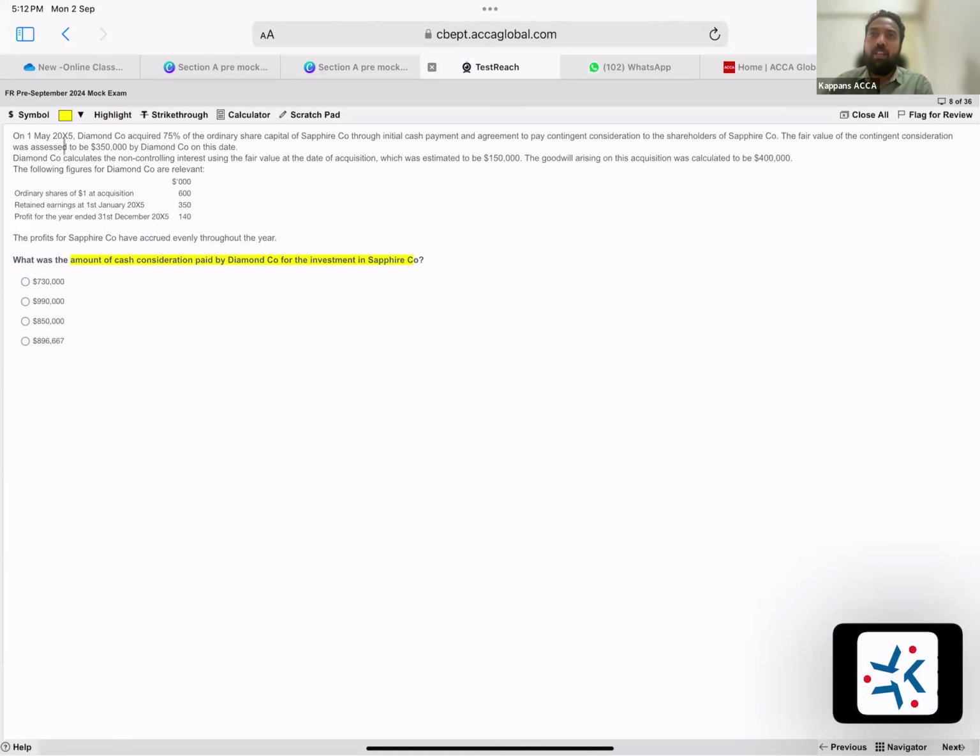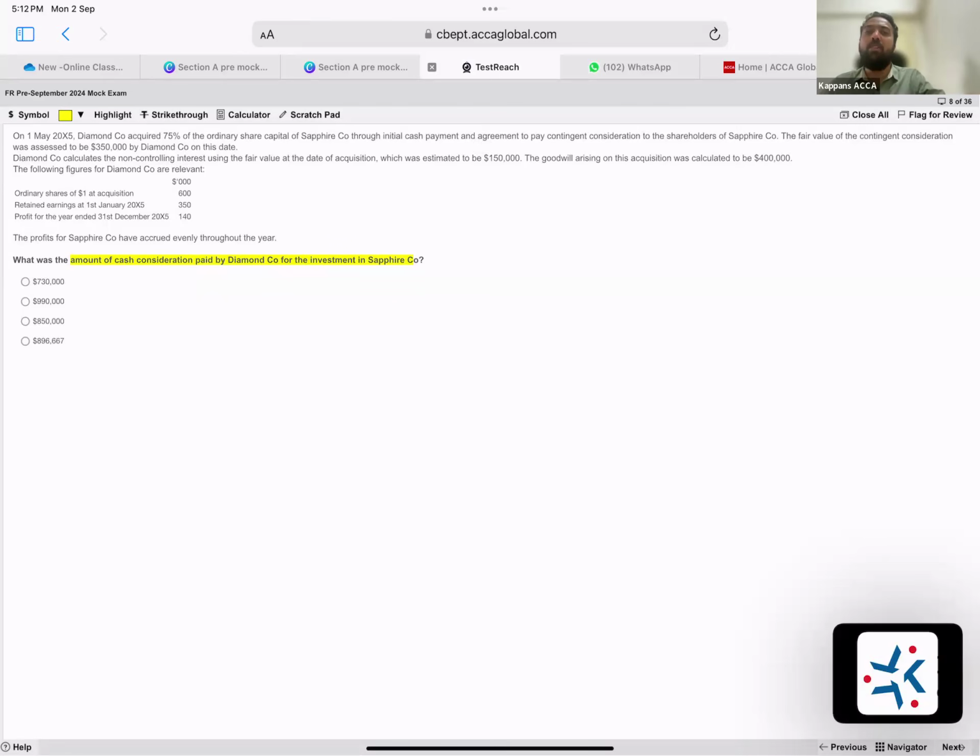On 1st May 20X5, Diamond Company acquired 75% of ordinary share capital of Sapphire Company through initial cash payment, and they're asking how much is the cash payment, and agreement to pay contingent consideration to shareholders of Sapphire Company.